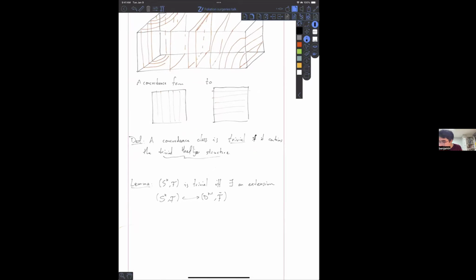A trivial Haefliger structure just means defined by a single chart. Of course, two trivial Haefliger structures are concordant because you just extend your function across the middle however you want, linearly, if you like.